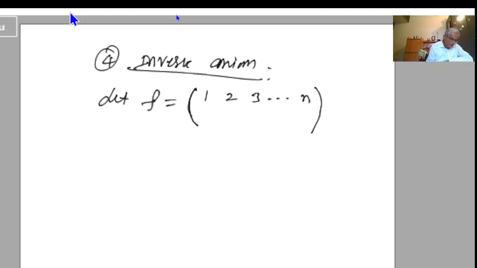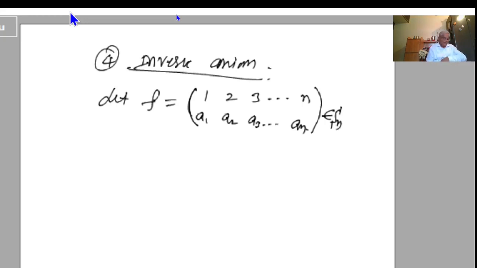I will write those elements as say A1, A2, A3 up to An. A1 is an integer from 1 to n, A2 is also an integer from 1 to n, An is also an integer from 1 to n, and all these A1, A2, An are distinct. This is a permutation. This belongs to Sn.